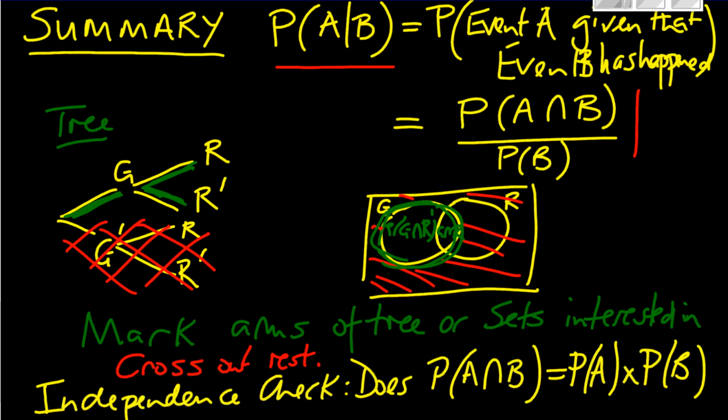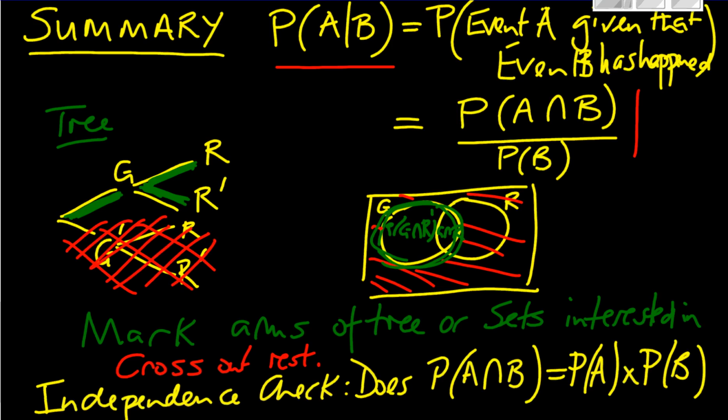You may have a question with a tree of events, and in that circumstance, I would suggest you mark in green, as I've done here, the arms of the tree that interest you, and you cross out the other ones that you're not interested in red.